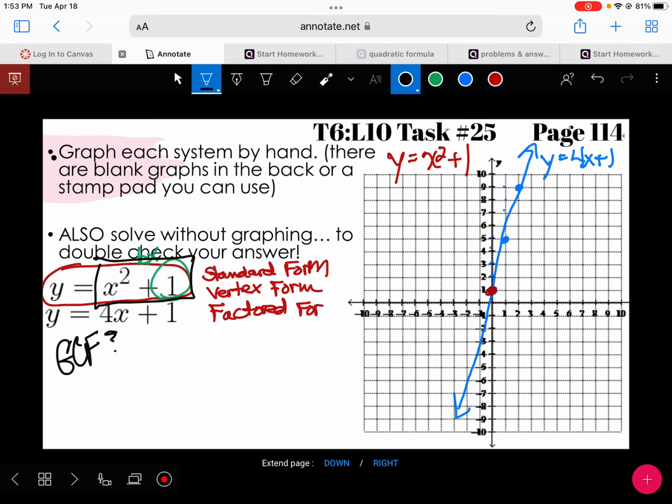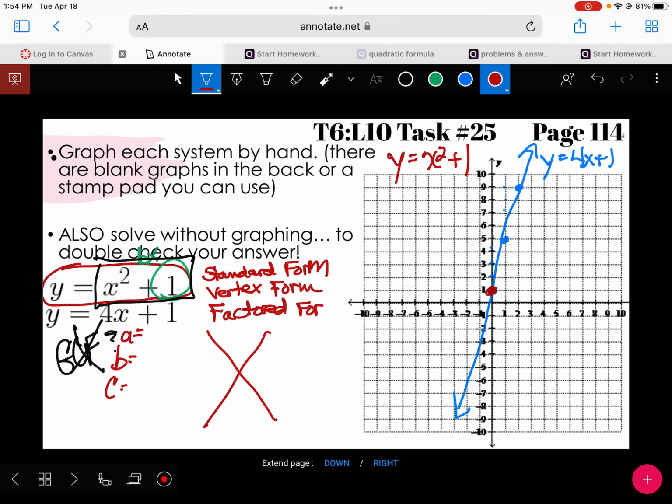So do I have a greatest common factor? No, I don't. Okay, what do we do next? Xbox. Before I do Xbox, I have to know what goes in the X's. So I need to find A, B, and C, right? So what is my A value?